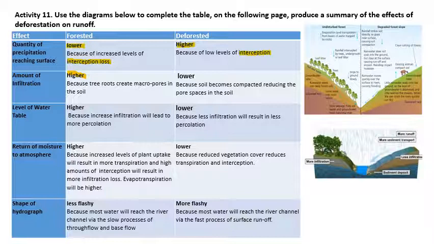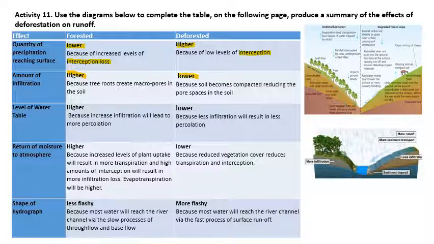If you think back to Unit 1, where you were looking at all of those processes, you learnt about this. You've got more infiltration in the forest because the tree roots create those macropores. You've constantly got those pore spaces emptying out of water because the trees will take in that water. So therefore you've got a constant cycle of infiltration.